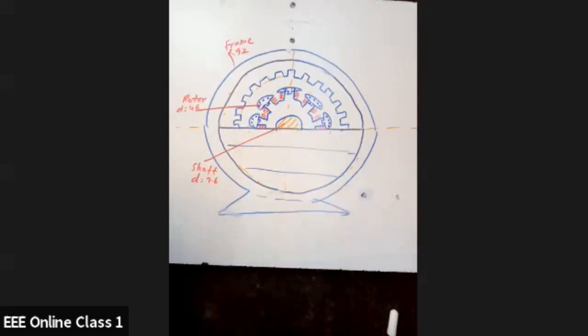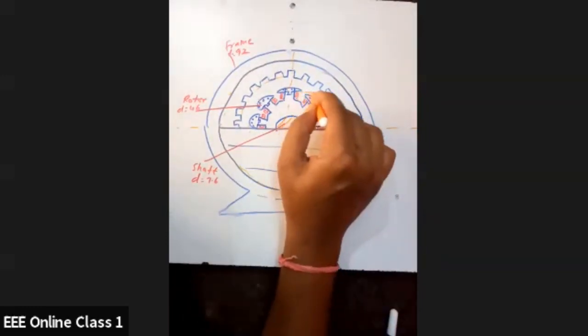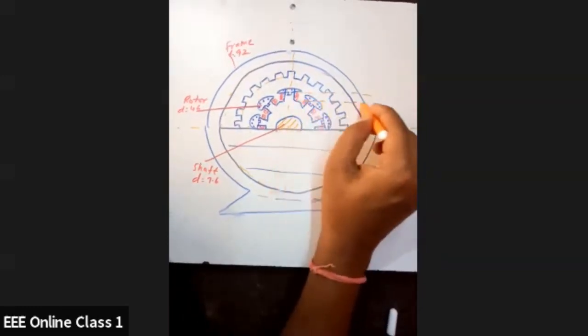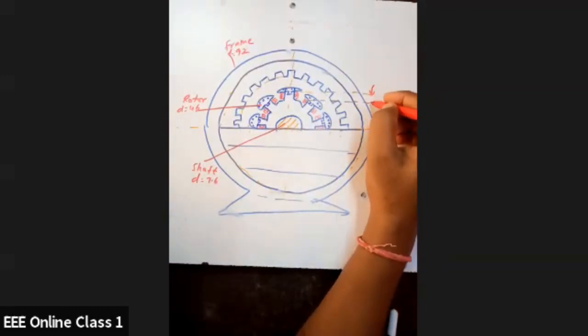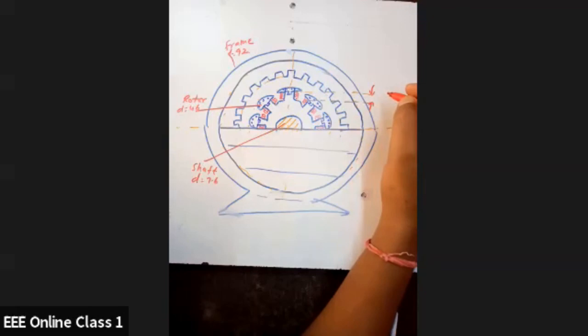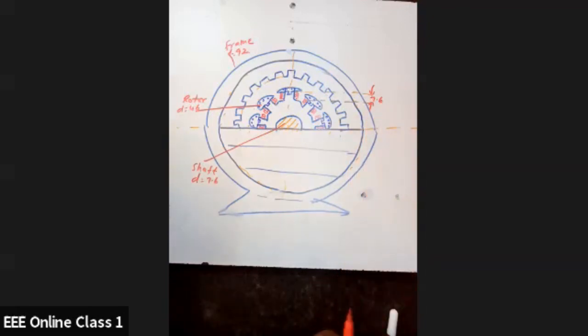Height of pole is mentioned, so I'll take this as a reference. So this height is 7.6 centimeter. This is height of pole.